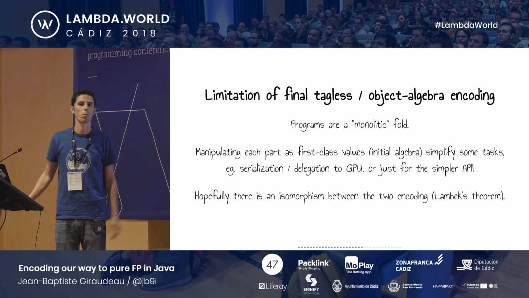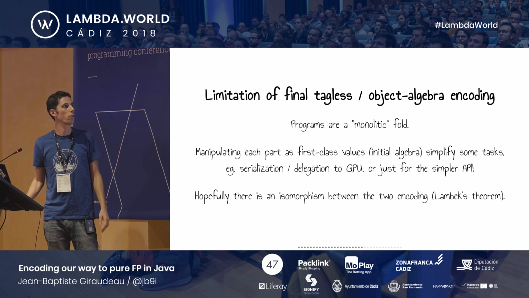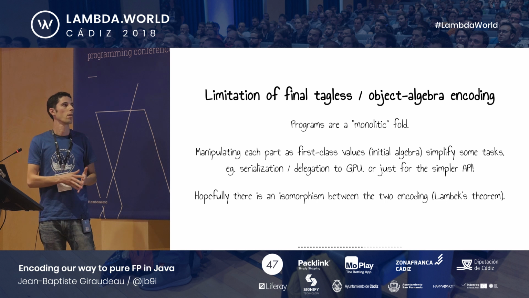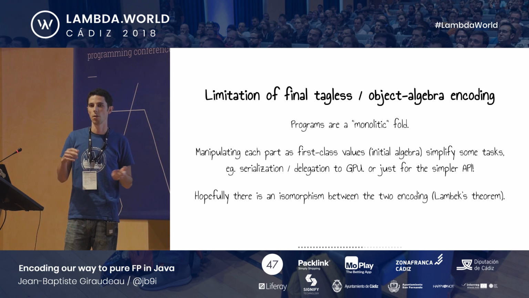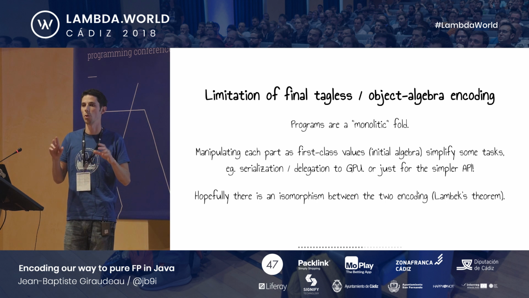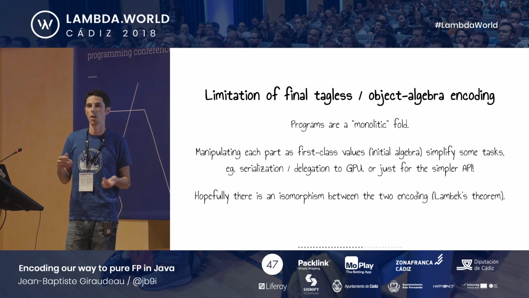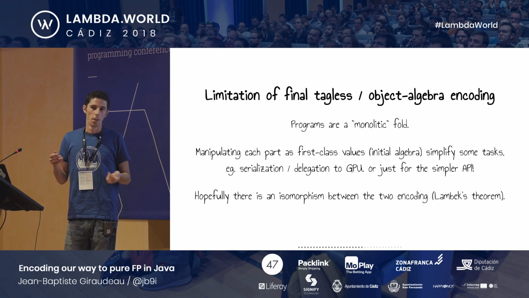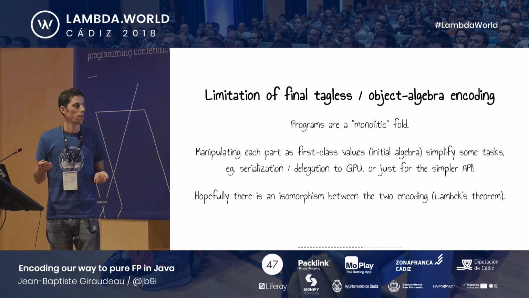But there are a few issues with this approach. Namely, the programs are a bit monolithic. They are monolithic folds, and if you want to, for example, serialize it, you cannot really do that easily.